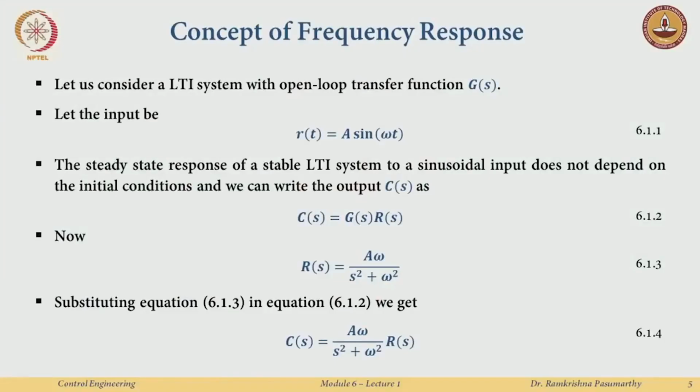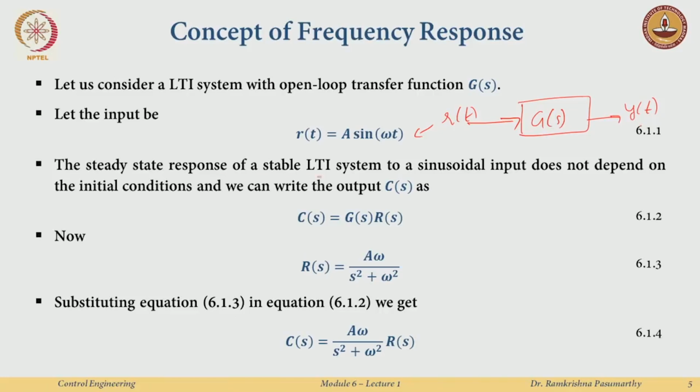Okay, so as a simple example, let us start with an LTI system, where I have the system, some transfer function G(s), and an input signal which is a sinusoid of this form, and I will just be interested in how my y(t) changes.